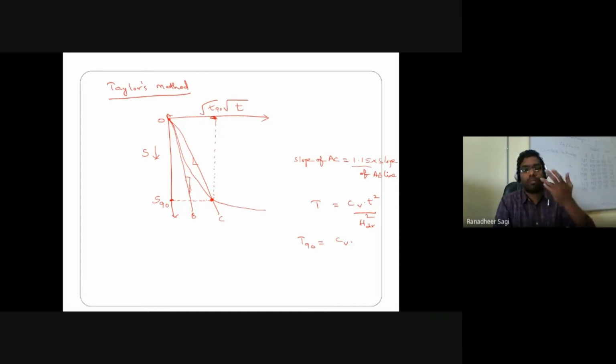CV is the property of the soil, and it is going to be constant, whether you are looking at 10% degree of consolidation, or 100%, or 30%, it doesn't matter. It's the property of the soil. So I'll simply write it as CV into T90, the time corresponding to 90% degree of consolidation, square by HD square.